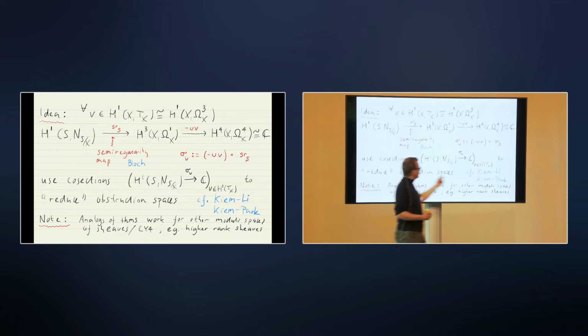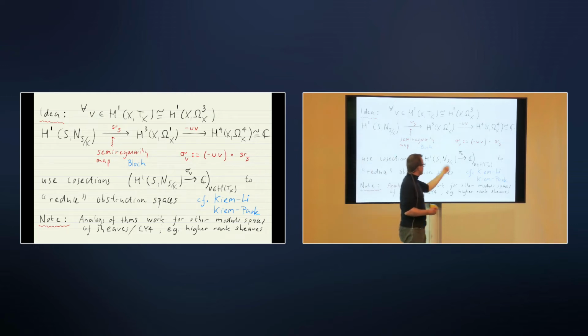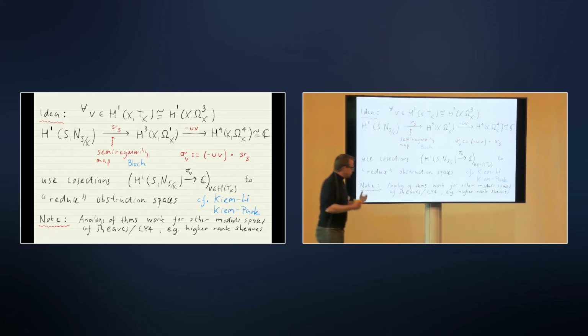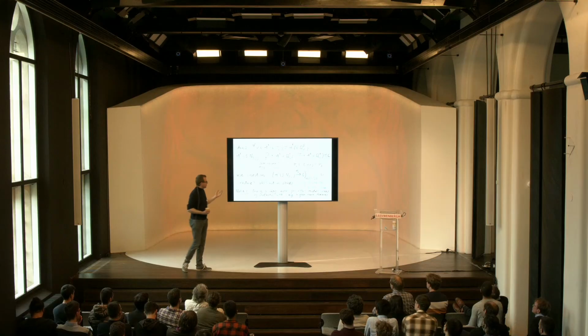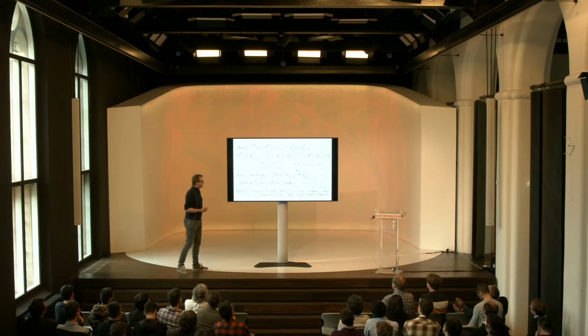For each shifted vector field, we get a cosection on the obstruction space. And the goal is, roughly speaking, to take the intersection of the kernels of all these cosections as your new obstruction space. So you make the obstruction space smaller by looking at the kernels of all of these maps.